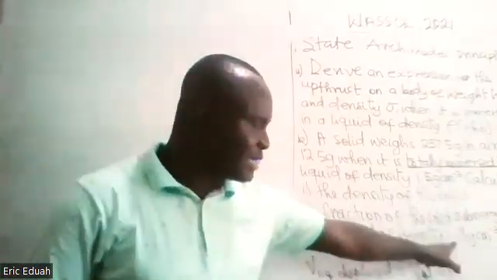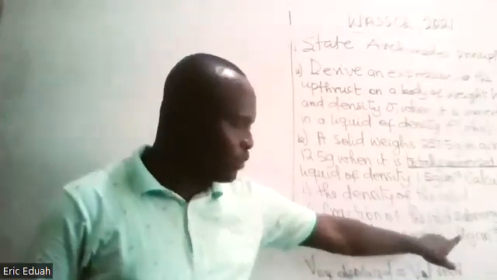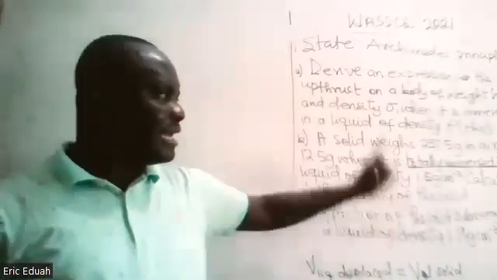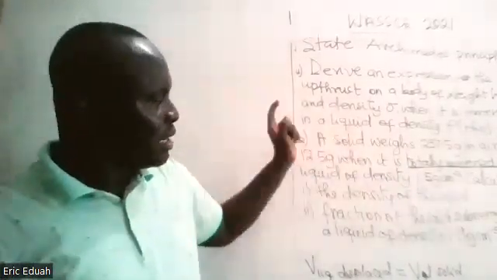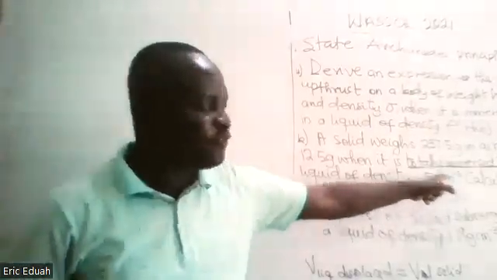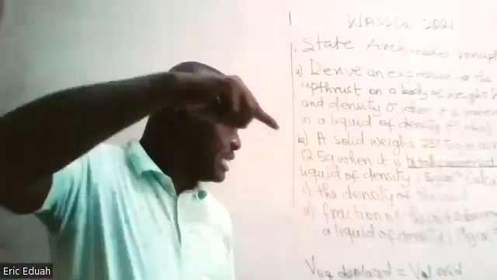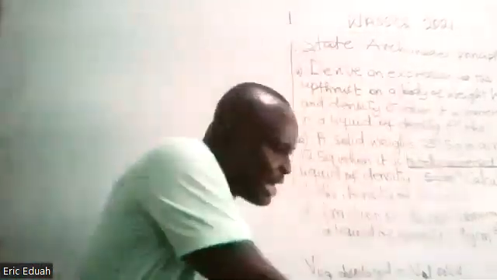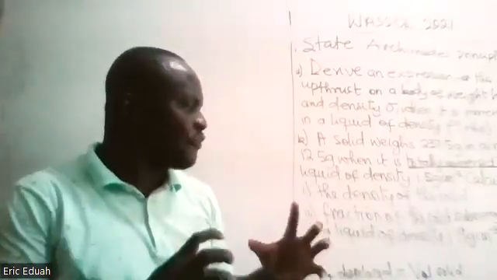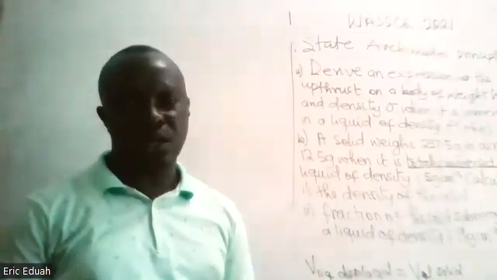The density of the new liquid is 1.19. Earlier, we were given a liquid whose density was 1.5. So we are putting the same solid in another liquid of this density, but we want to see the fraction of the solid which will be submerged within the new liquid.